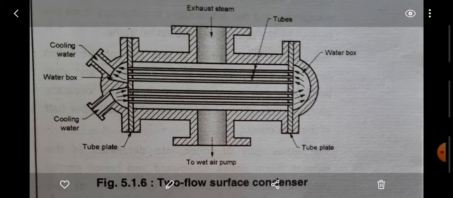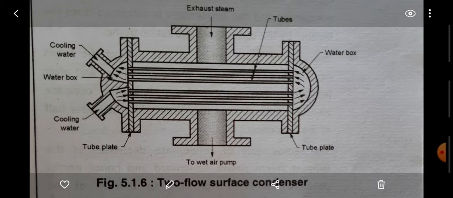The exhaust steam from the engine or turbine enters at the top of the condenser and is condensed by transferring heat due to conduction and convection by coming in contact with the cold surface of the tube through which cooling water is circulated.